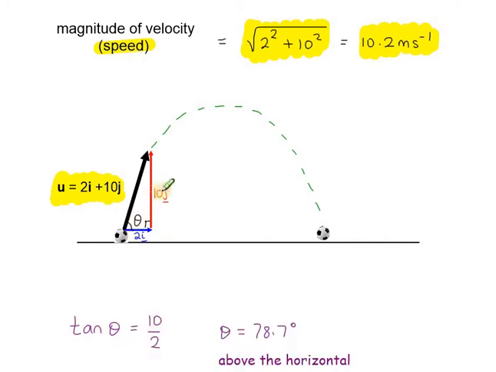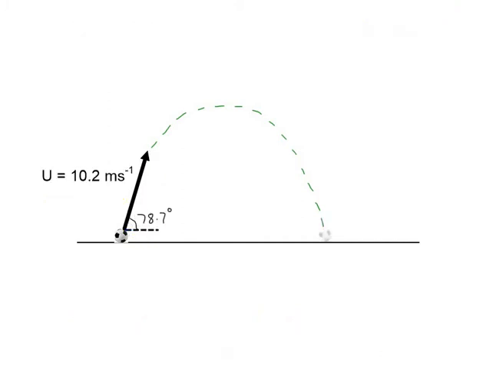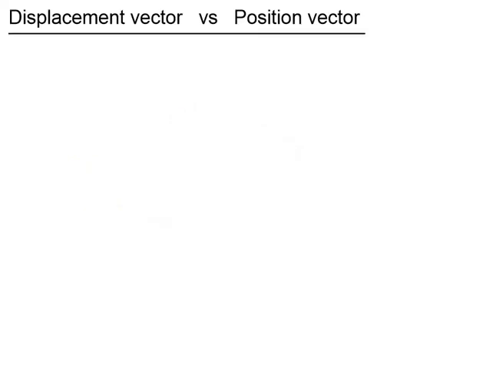Tan theta is the opposite over the adjacent, so 10 over 2. We solve this, so theta is 78.7 degrees above the horizontal. So the velocity of the ball can be given like this, where you have the magnitude and the direction of the arrow with the angle. Together these give the vector magnitude plus direction.